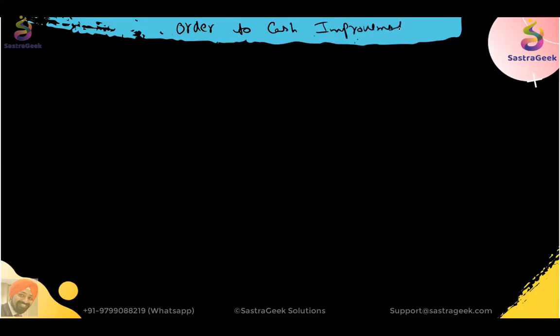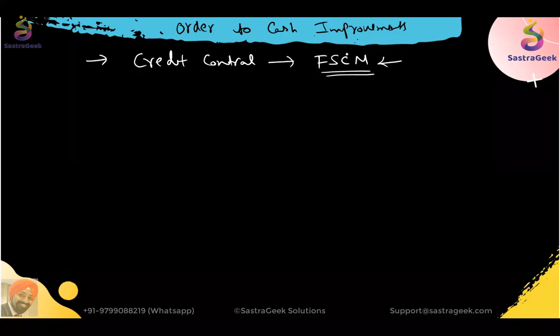So this is the end-to-end cycle which I have explained. We'll also be running this cycle in the system. But what other improvements are there? Another improvement is related to credit control. Now the credit control would happen through FSCM, Financial Supply Chain Management. This is also one of our topics. We'll go into the detail.